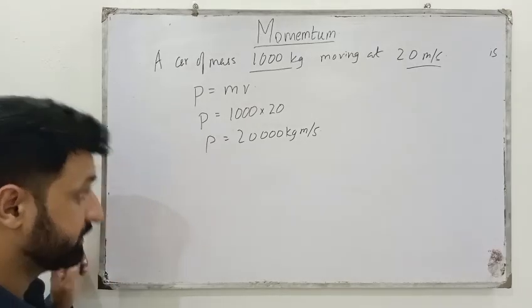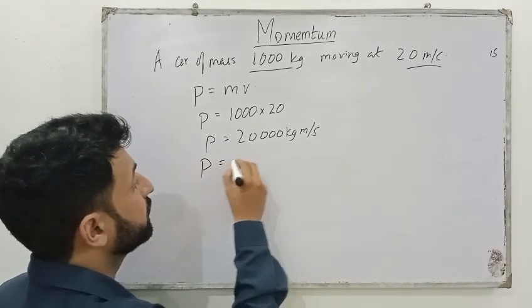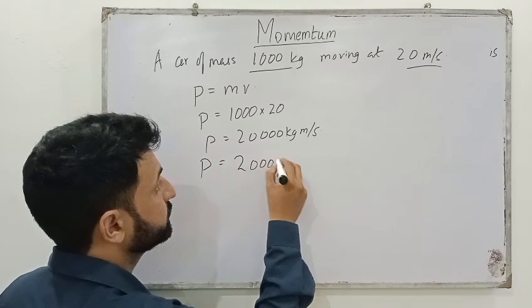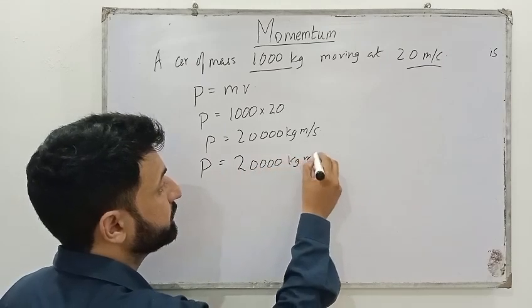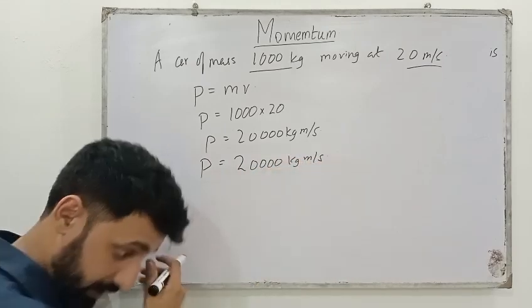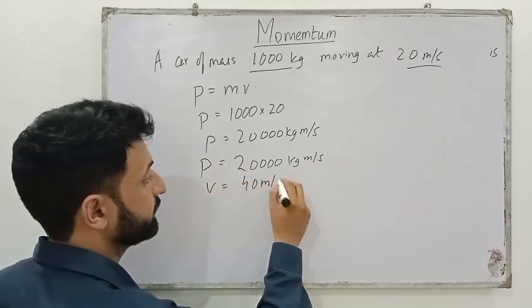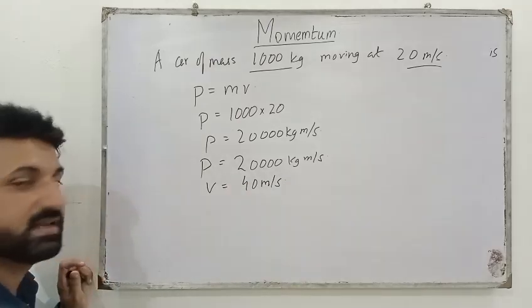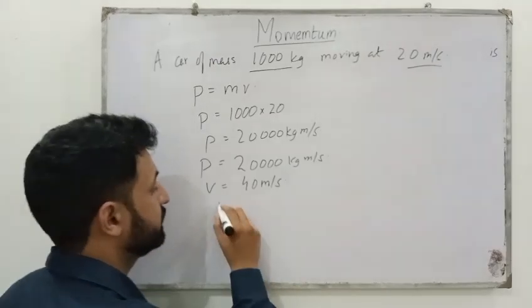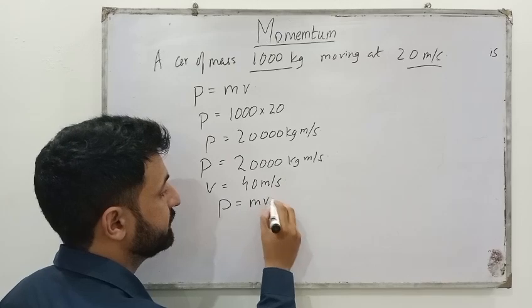Now the second question: for example, momentum is 20,000 kg meter per second and we have the velocity which is 40 meter per second. So what would be the mass? So now we will use P is equal to mv.